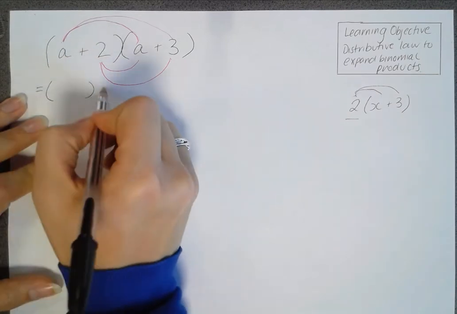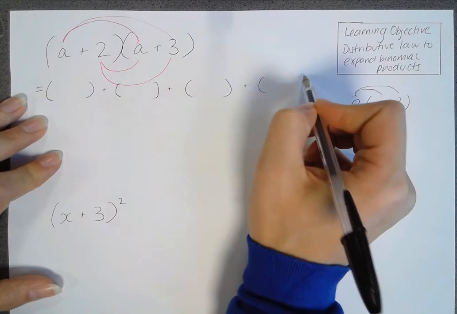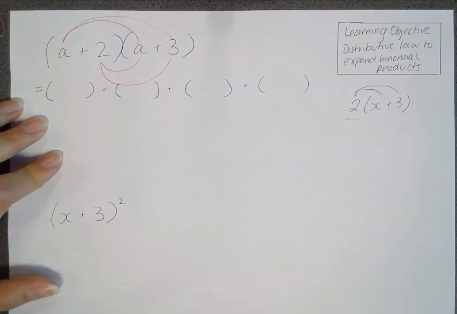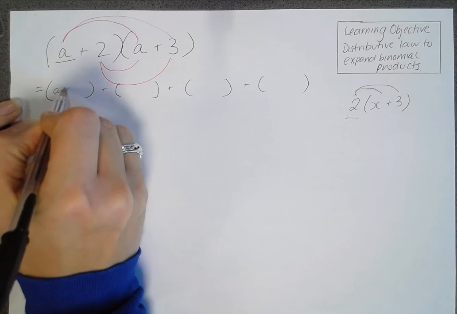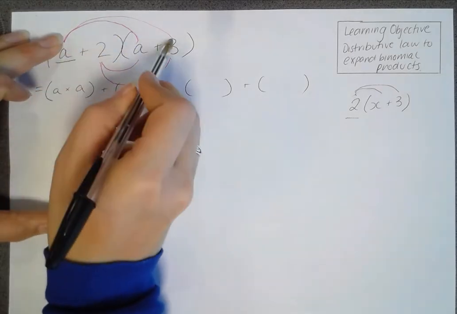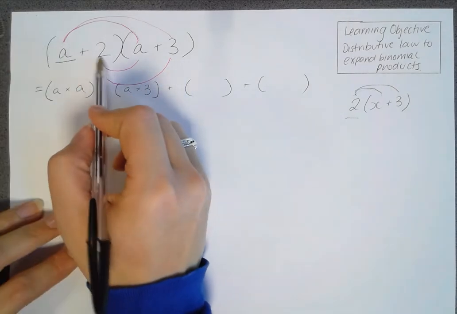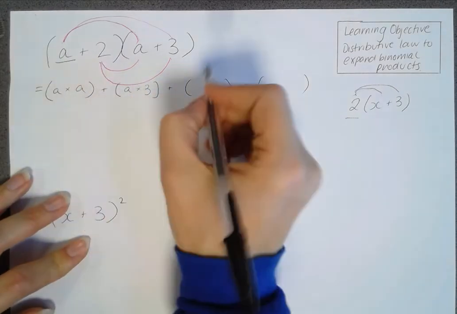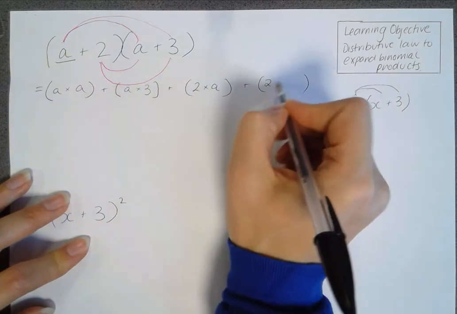We're going to actually have 4 sets of brackets this time because we're doing 4 different sums. Okay, so the first one, we're going to have A times A, and then A times 3, and then we start on our second term, and we will have 2 times A and 2 times 3.